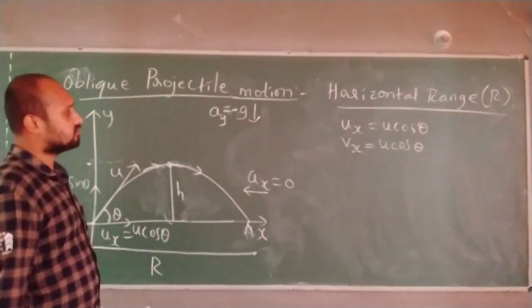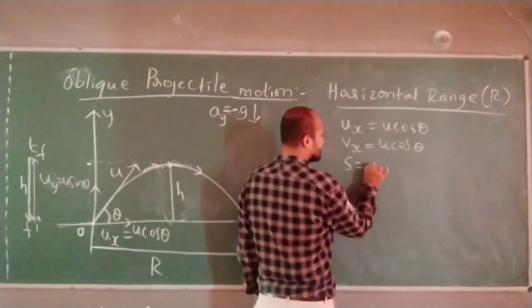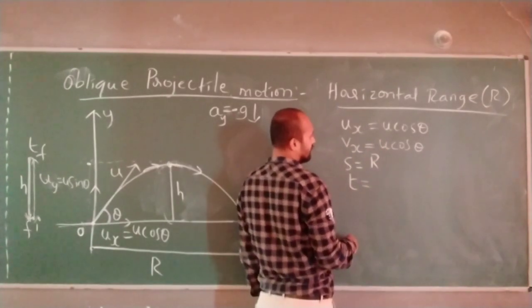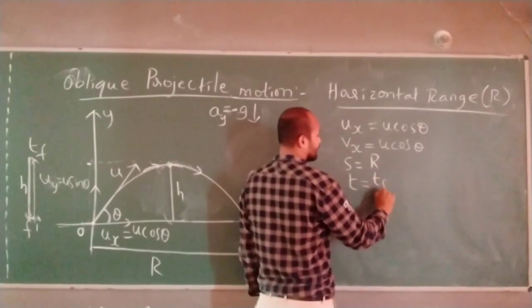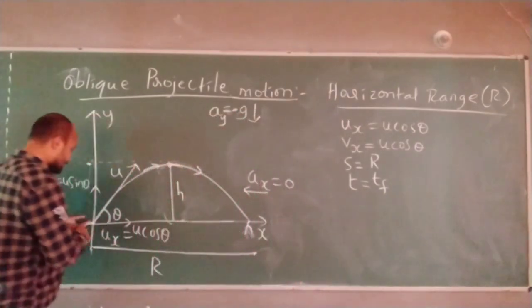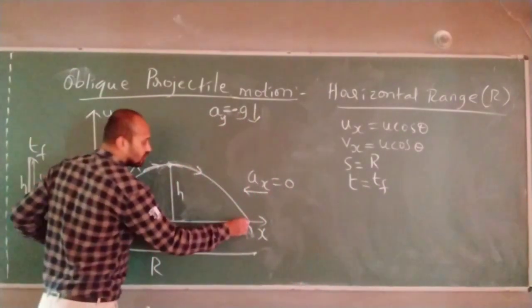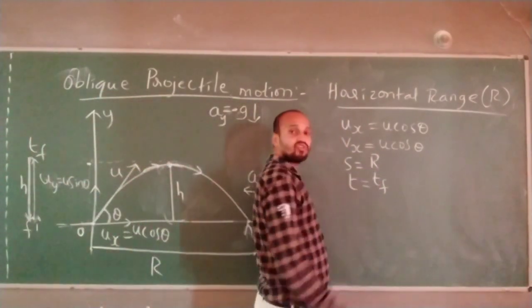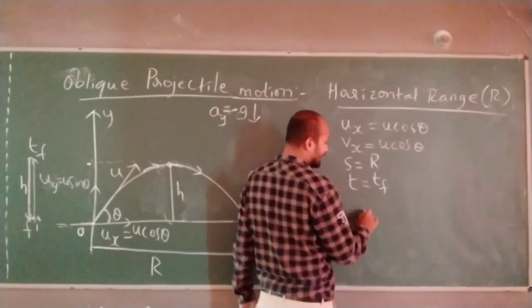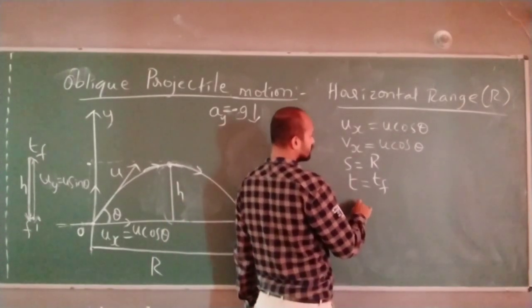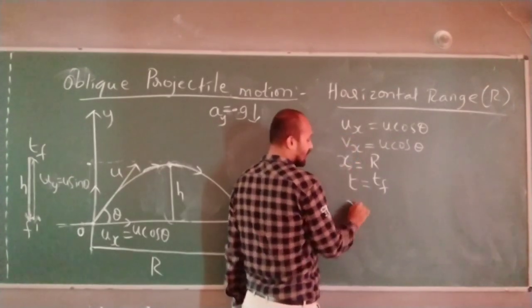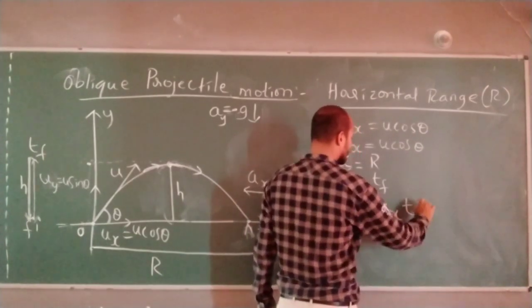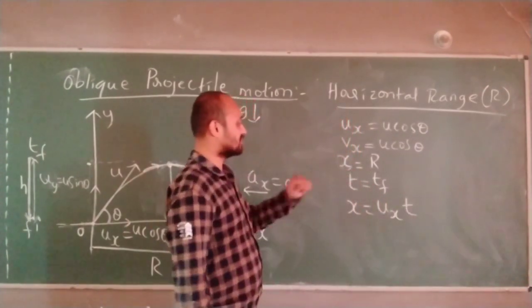So distance is equal to, let us take R. Time means it will be the time of flight. The time taken by the object to reach from this point to this point is nothing but the time of flight. Since there is no acceleration acting, I can directly take x, which is equal to R. x is equal to velocity ux into t.